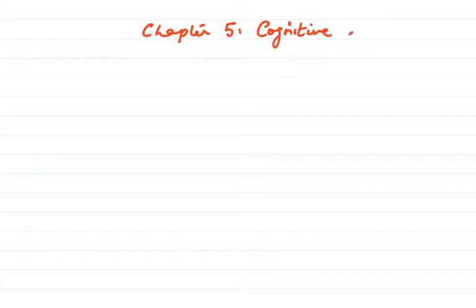Everyone. So today we're going to be talking about chapter 5, which basically covers cognitive development in infancy and toddlerhood.